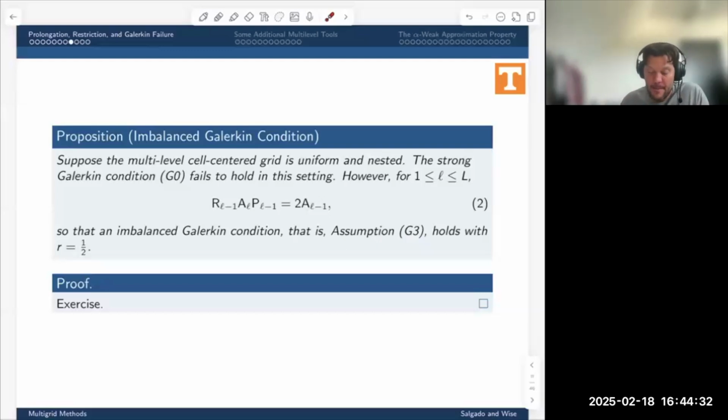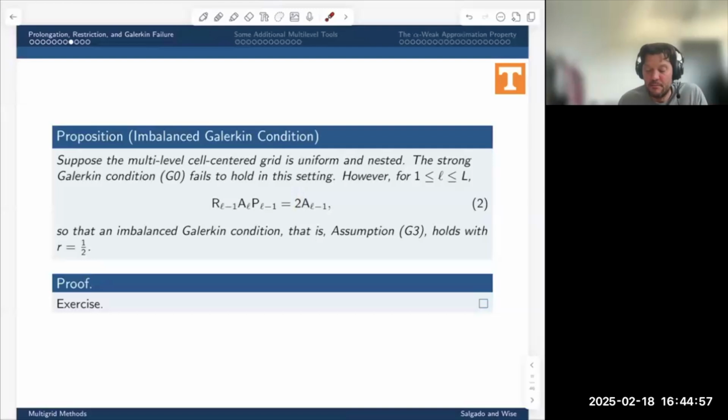So if I check the wrap condition, I multiply R L minus 1 times AL times PL minus 1. It turns out I get 2 times AL minus 1. So normally for the Galerkin condition, I don't want this 2 to be here. But if you remember back in chapter 5, for the imbalanced Galerkin condition, I wanted the 2 to be there.